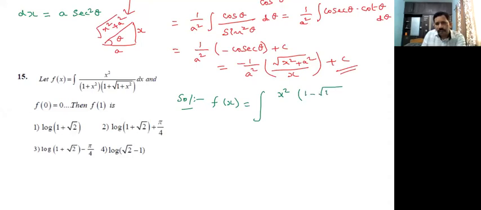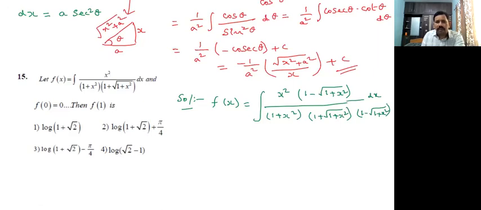So 1 minus under root 1 plus x squared divided by 1 plus x squared into 1 plus root 1 plus x squared into 1 minus root 1 plus x squared dx. Now observe this denominator part. A plus b into a minus b, a squared minus b squared. Then what will come, tell me? X squared into 1 minus under root 1 plus x squared. This is the numerator part.